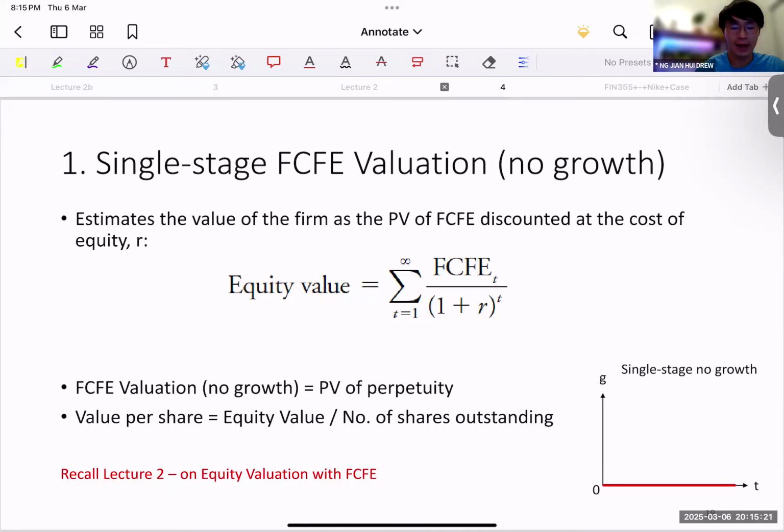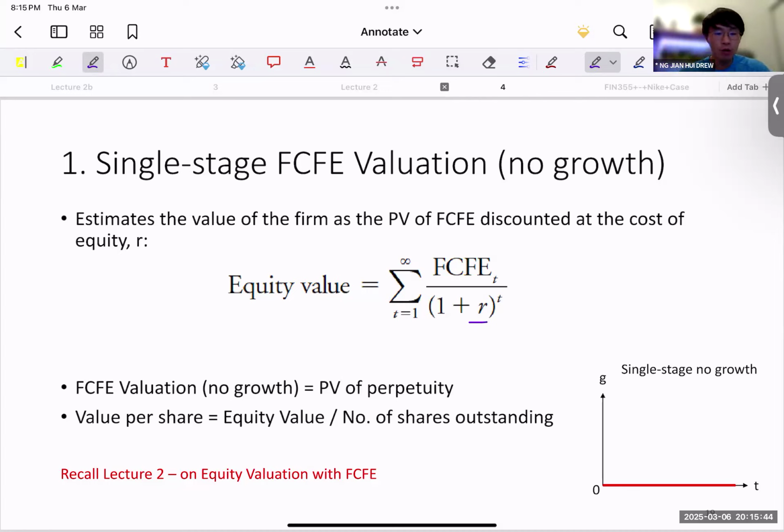So, okay, we're going to cover FCFE. For FCFE, we are going a bit faster, because it's just kind of a repeat, right? Just that now instead of free cash flow to the firm, we're going to equity, meaning that we are going to use the cost of equity rather than our weighted average cost of capital.